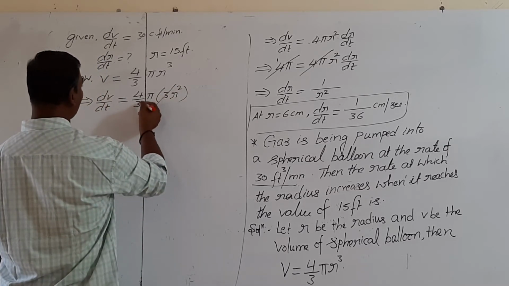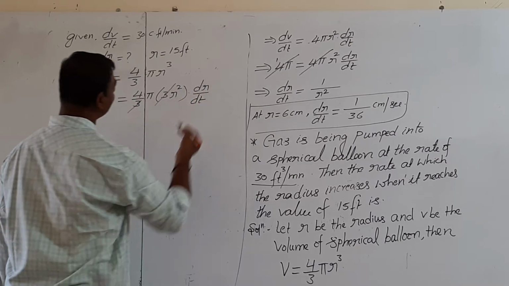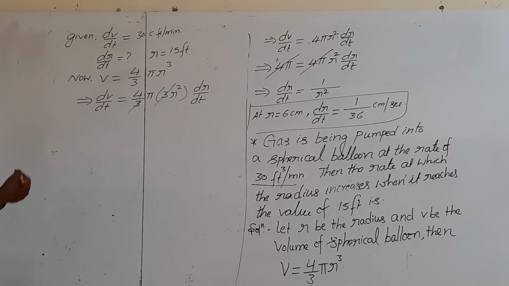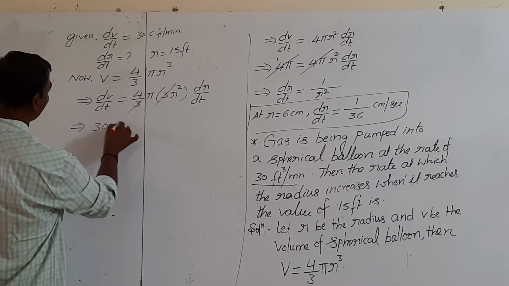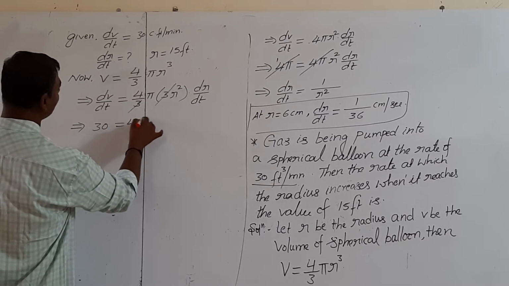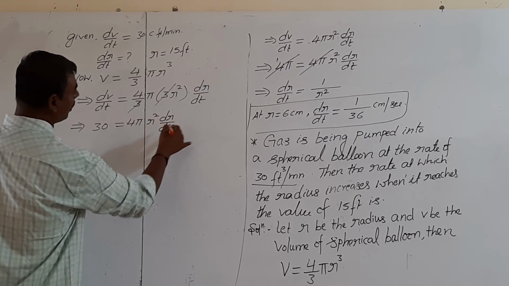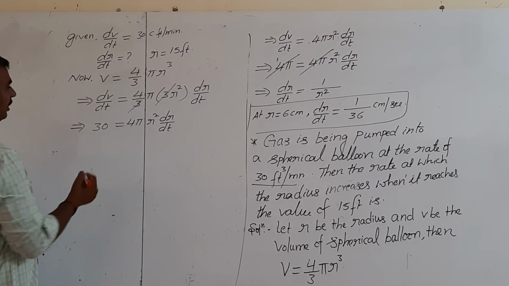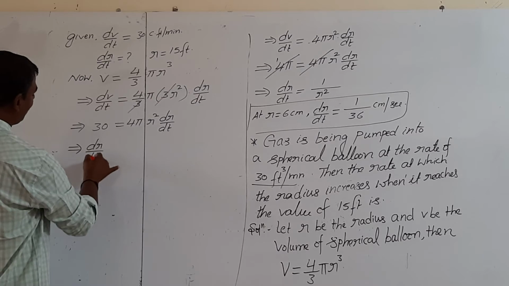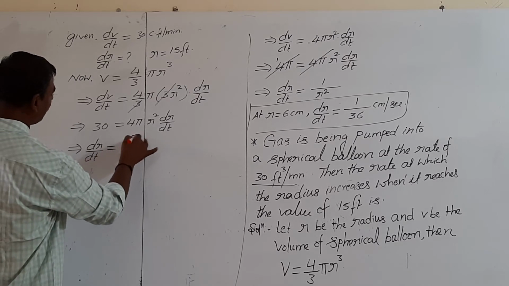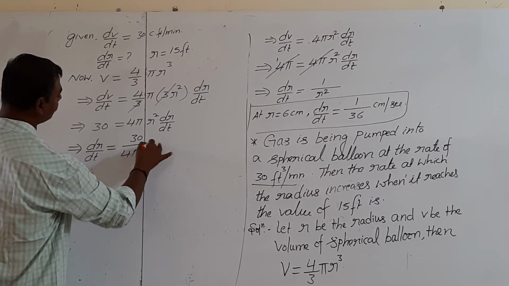Now here the 3 cancels. With respect to time, the derivative of r is dr by dt. Now substitute the given dV by dt: 30 is equal to 4 pi r square into dr by dt. What we are finding is the change in radius, so dr by dt is equal to 30 divided by 4 pi r square.